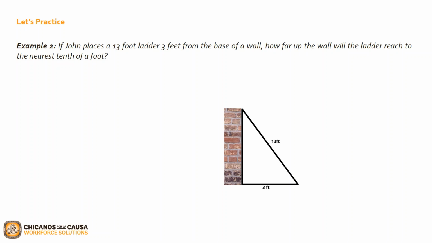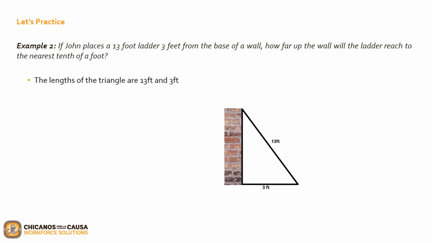So we are going to use our equation in order to find the measurement of the other leg. And when we look at our example, we're going to find the measurement of how far up the wall the ladder will reach. So as we mentioned, the lengths of the triangle are 13 feet and 3 feet.